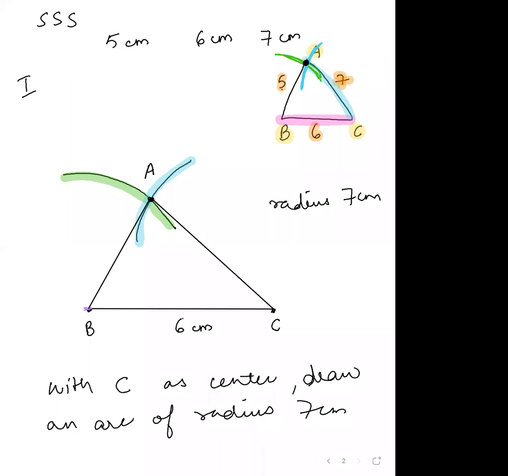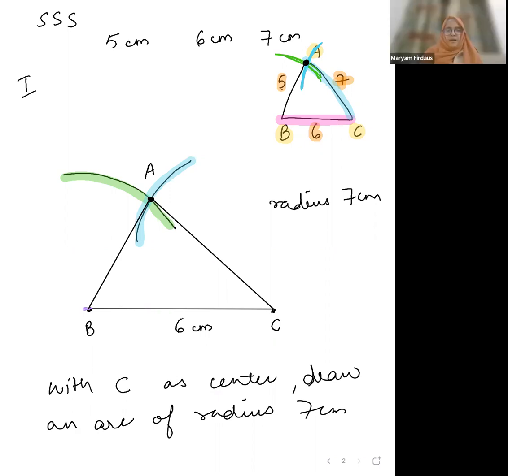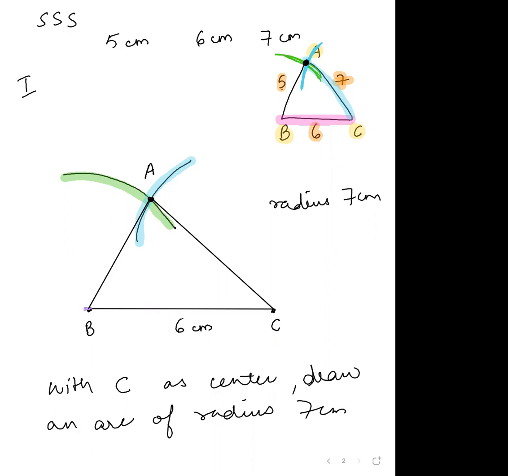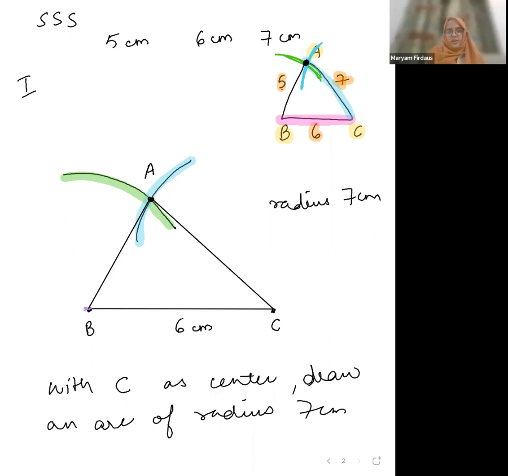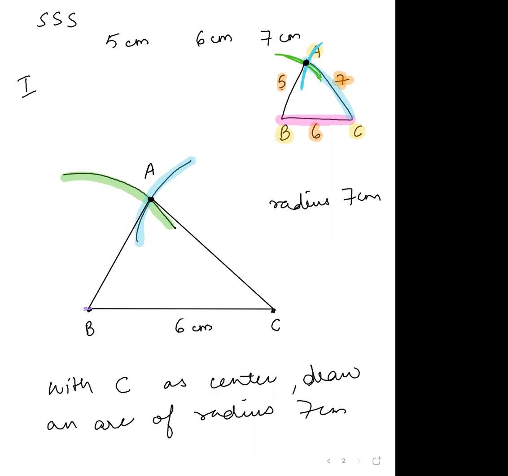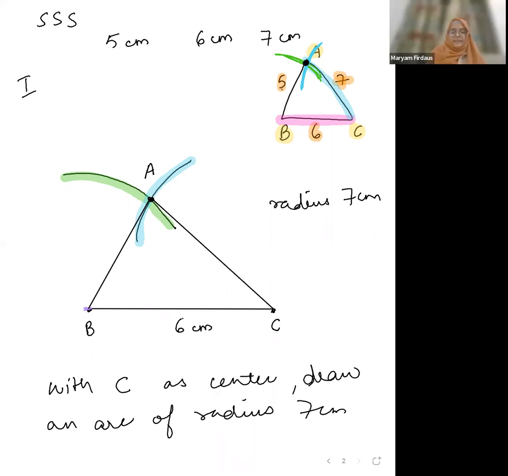I haven't drawn it. Okay. Have you done till here? Yes. Okay, then you can send me whatever you have done. You can complete it and send it to me. Okay.